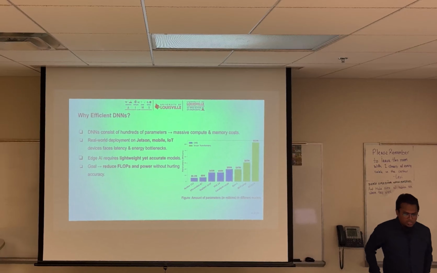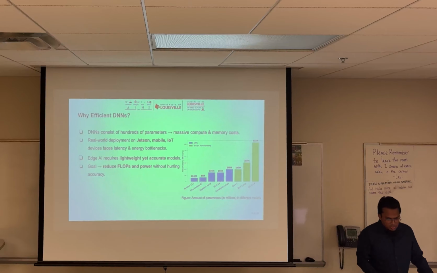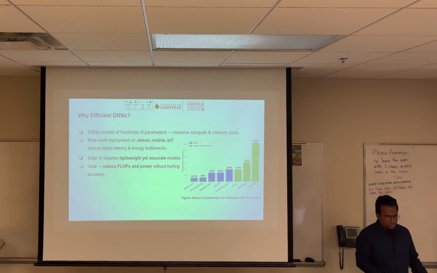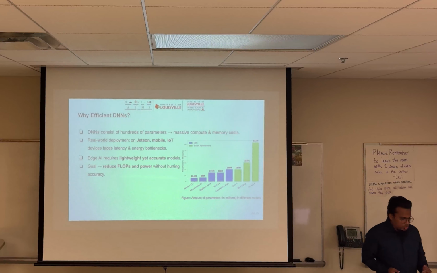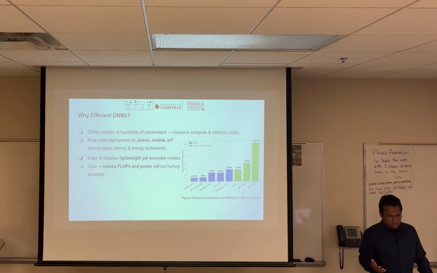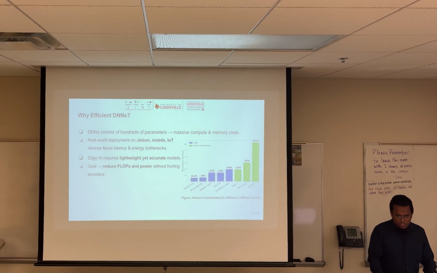So the goal is pretty clear for us: reduce the FLOPs and power consumption without losing accuracy. Efficiency is not just about speed. It's about enabling AI to run everywhere, not just on expensive GPUs, but on your smartphones and edge devices. This motivates our journey toward smarter, lighter models.